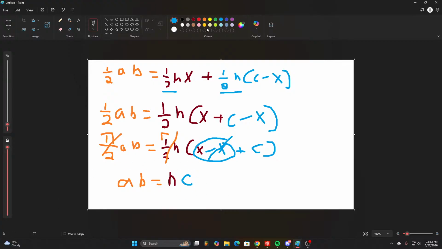What we now want to do is divide both sides by c.